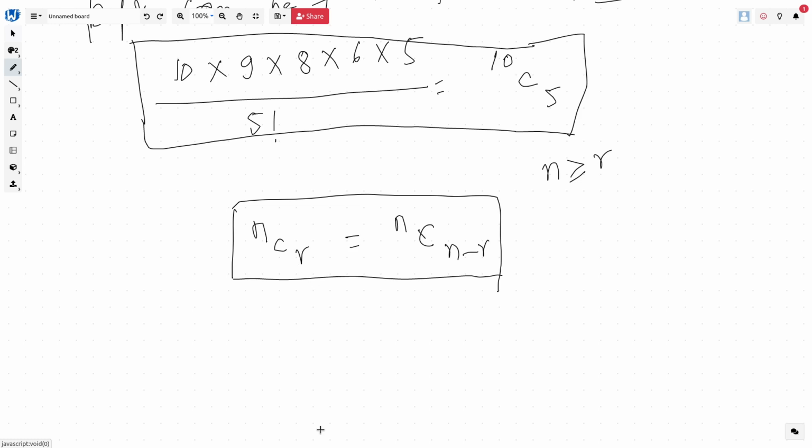Please note, these are nothing but the multiplication principle used in a different way. When you see the word committee or selection, you use nCr. When you see arrangement, how many ways numbers can be formed when repetition is not allowed, then you do the arrangement. So we'll move to the next session.